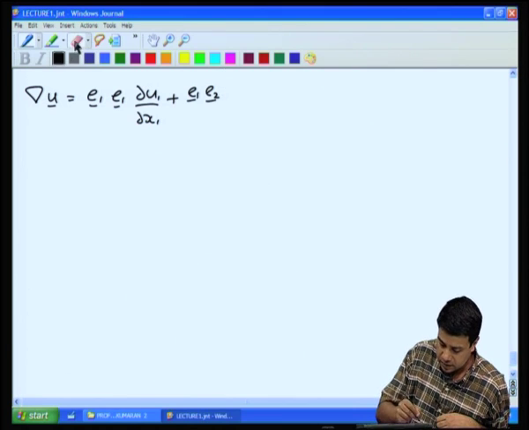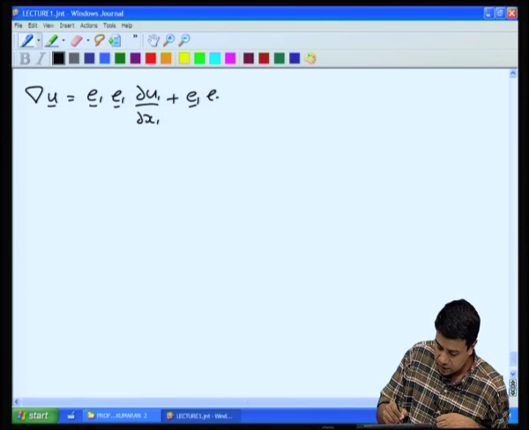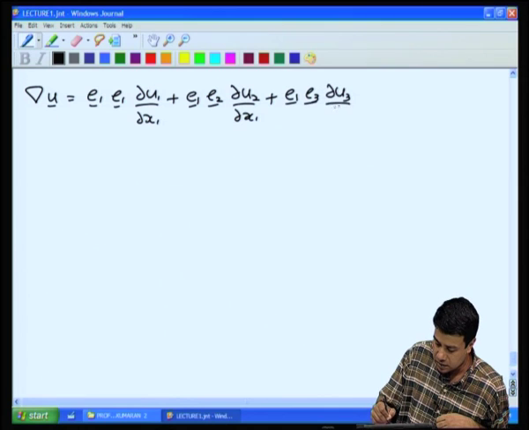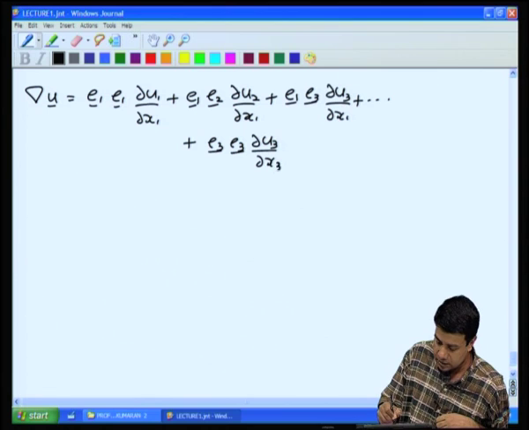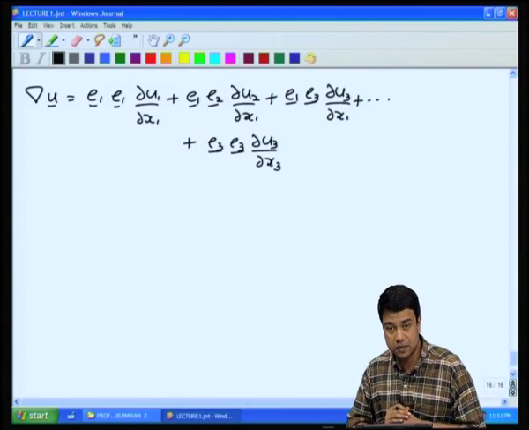Okay, if I write it as gradient of the velocity vector, this becomes E1 E2 partial U2 by partial x1 plus E1 E3 partial U3 by partial x1 plus etc. plus E3 E3 partial U3 by partial x3. Okay, so this once again has 9 components.